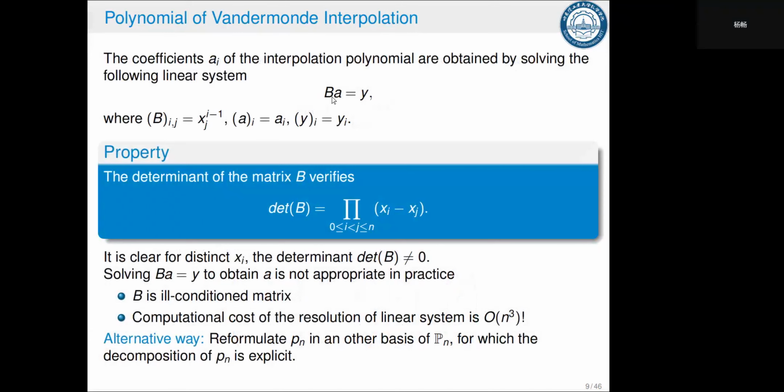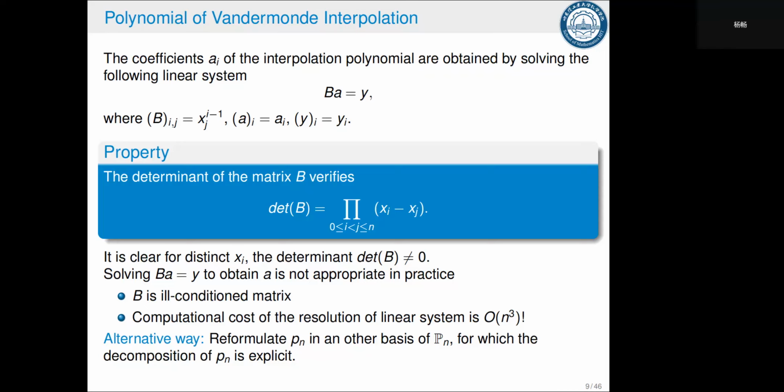Now I want to check whether the matrix B is singular or not. Again we have to use another property from linear algebra: if the determinant of matrix B is not equal to 0, then B is not singular.